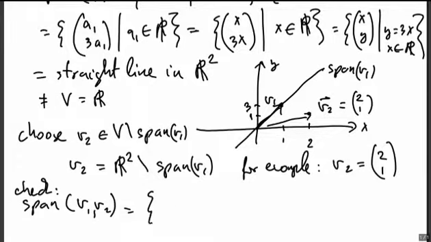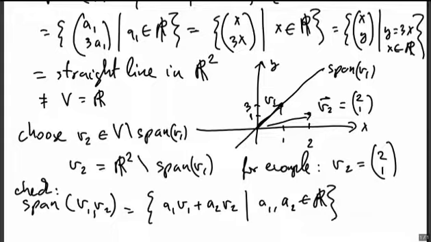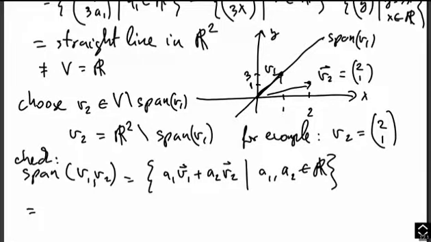So the span is the set of A1 times V1 plus A2 times V2 such that A1, A2 are real numbers. That's the definition of span. Let's write down how this looks with our specific vectors.